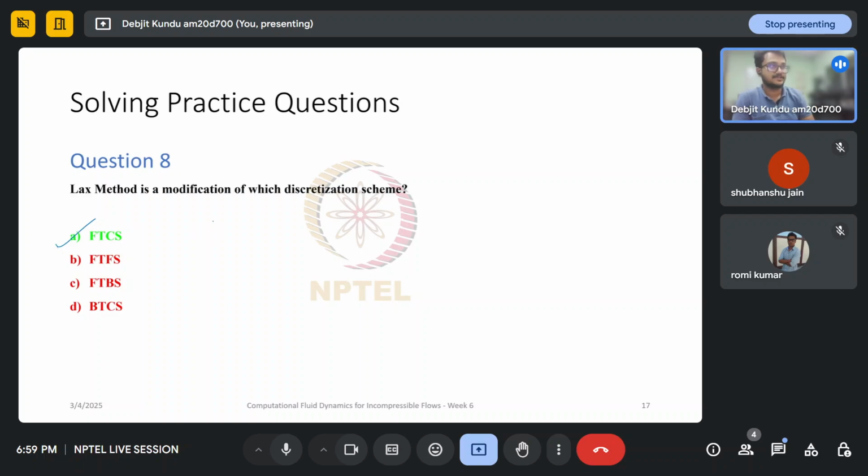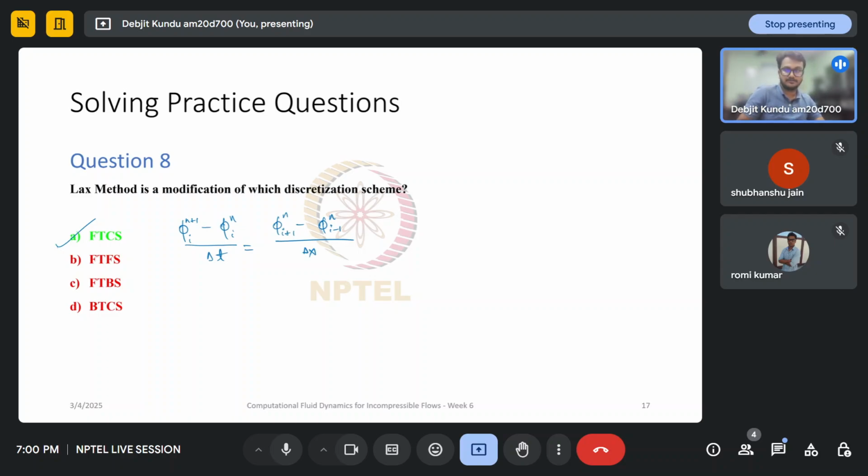So what FTCS by itself is this: phi i n plus 1 minus phi i n divided by delta t equals phi i plus 1 n minus phi i minus 1 n divided by delta x.